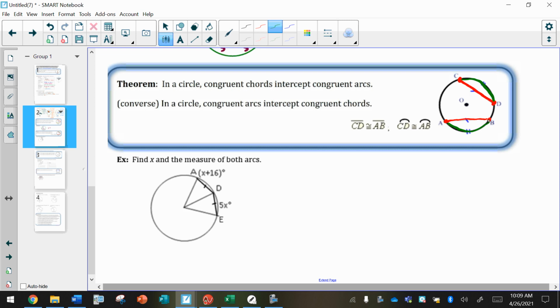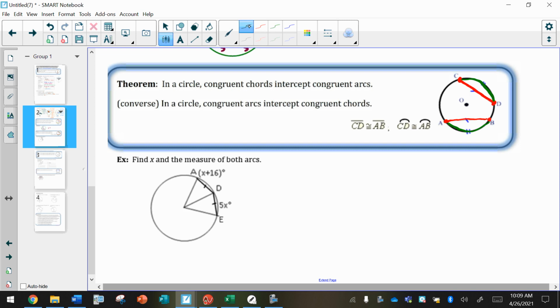If the chords are the same length with endpoints on the circle, then the arc in between those endpoints would also be the same. So congruent chords intercept congruent arcs, and congruent arcs intercept congruent chords. It goes both ways, it just depends on which information you're given first.